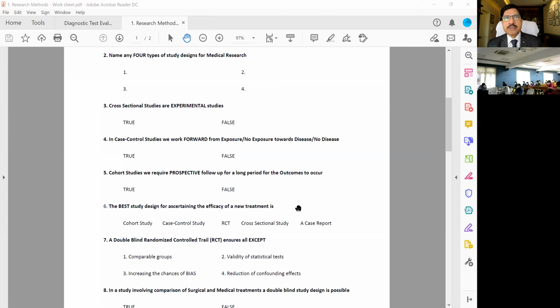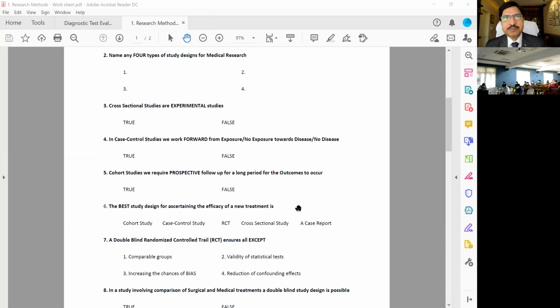For example, I can't study hepatitis B in half the group. I can't give the virus to one group and not to the other to see what happens to the liver. I can't do that. This is unethical. Nature, suppose, experiments. And likewise, now I want to study the effect of smoking and some disease, lung cancer. I can't ask half of my people, you all smoke and you don't smoke. I can't do that.